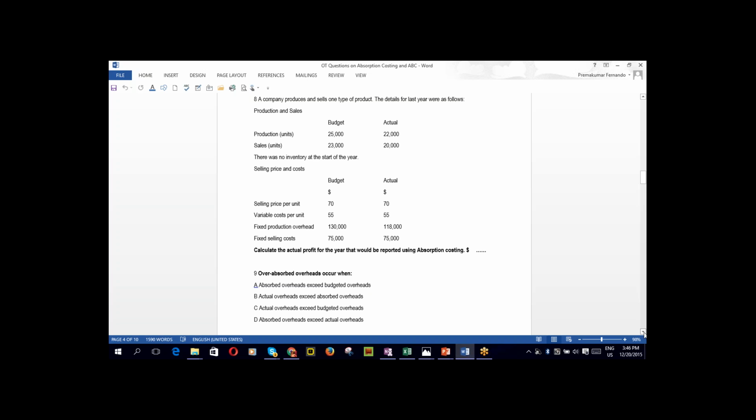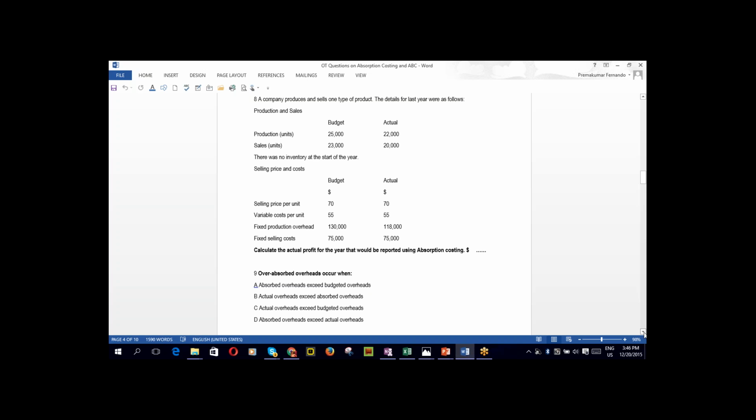So you remember that we were looking at the difference between absorption costing profit and marginal costing profit. The difference arises mainly due to the inventory difference. Yesterday we learned that the absorption costing profit will always be more when the inventory increases between the opening and the closing. So now look at the inventory. At the beginning, there was zero inventory.